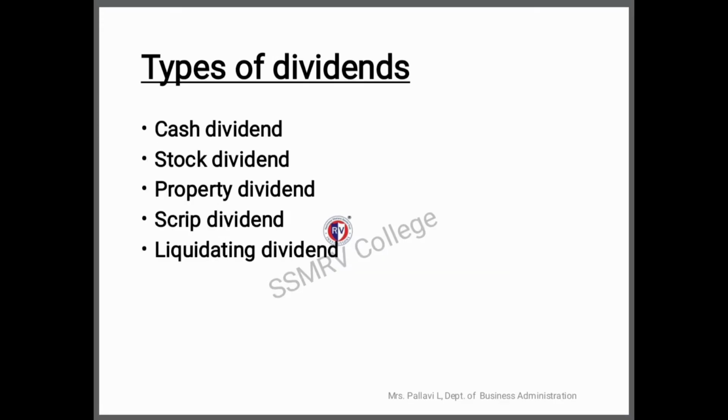So now let's understand the different types of dividends which a company pays to the shareholders. The first one is cash dividend. As the name itself tells you, it is nothing but the cash distributed to shareholders out of the earnings of the company. This is the usual practice in the Indian corporate sector. And the second one is stock dividend.